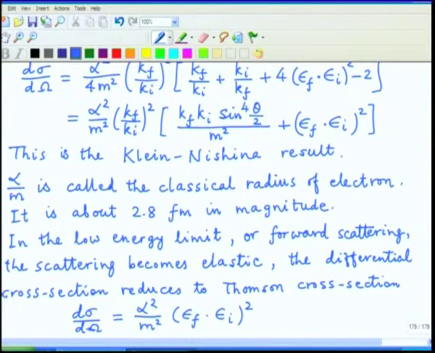So, not only the scattering is elastic, but the polarization also is maintained, in the sense that there is no cross section for change in polarization to an orthogonal direction.